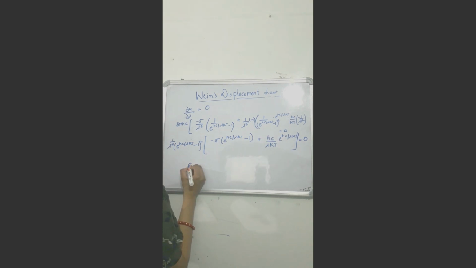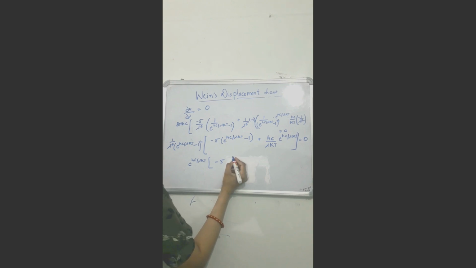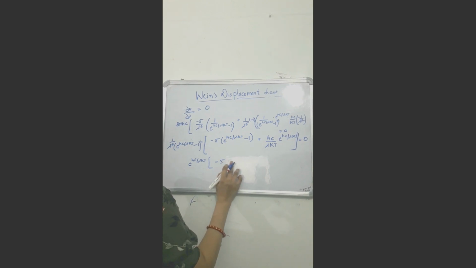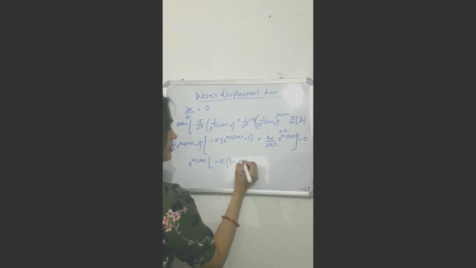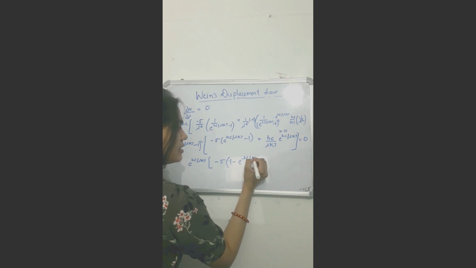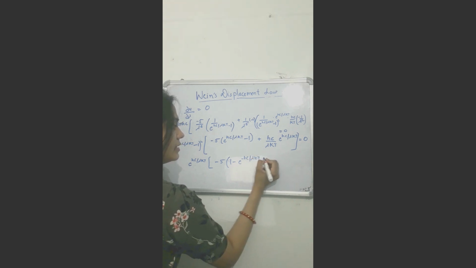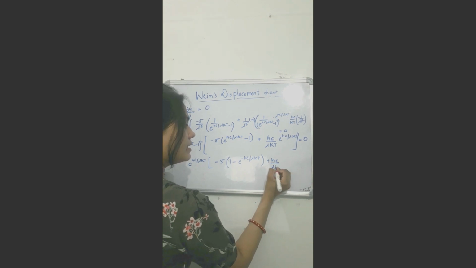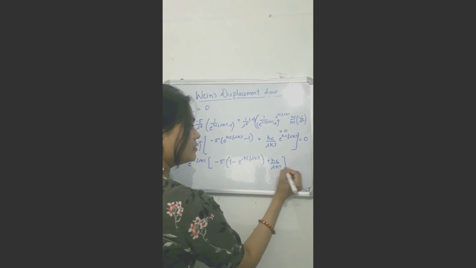Then it becomes −5(1 − e^(−hc/λkT)) + hc/λkT = 0.